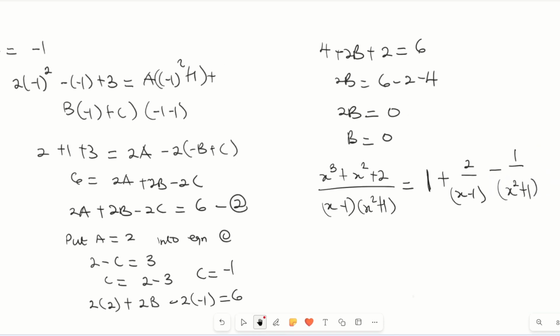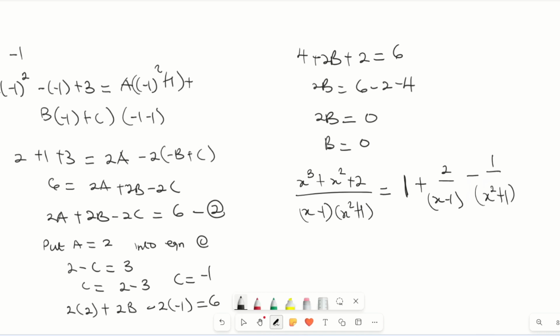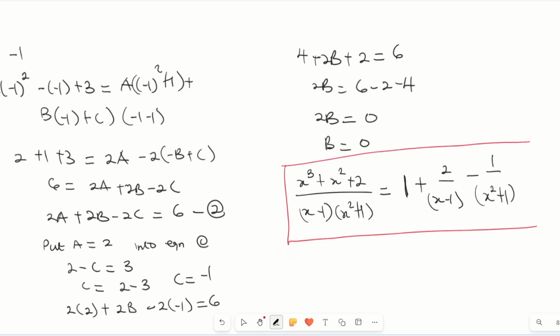So it means that our expression here in partial fraction form will be the whole number 1 plus a, which is 2, all over x minus 1. Since b is 0, it means that b and x will go away. Then we only have the c term, and c is -1, so that brings a negative here. So minus 1 all over x squared plus 1.